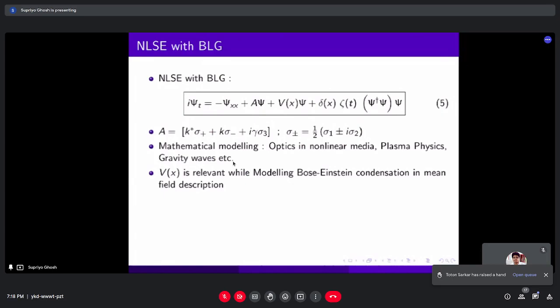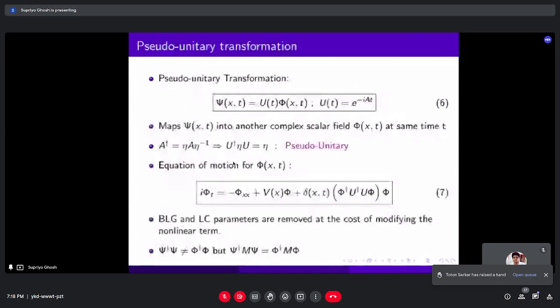Now we solve the nonlinear Schrodinger equation via a pseudo-unitary transformation. We consider a pseudo-unitary transformation as ψ = Uφ, where U is the exponential of minus iAt. As A is pseudo-Hermitian, as discussed earlier, U is pseudo-unitary. So we call this transformation a pseudo-unitary transformation.